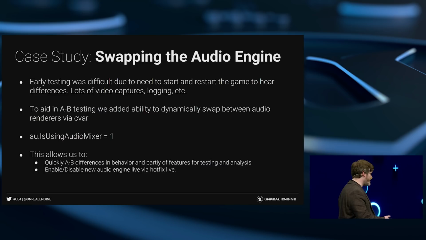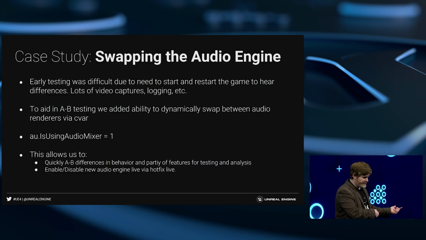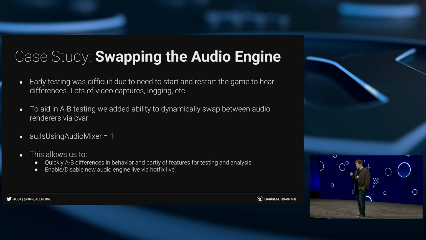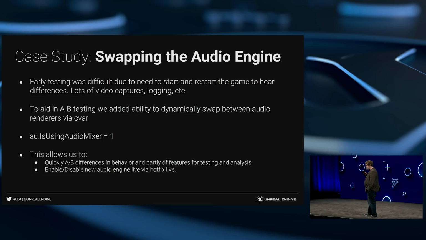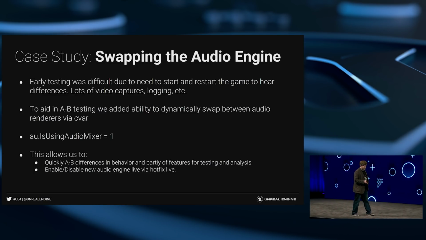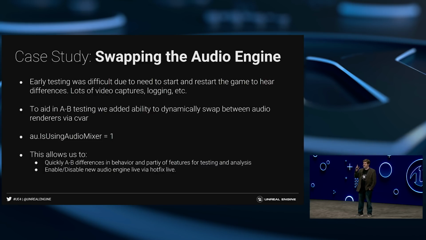So while the game is running, we can actually quickly say, what does it sound like with the new audio engine? What does it sound like with the legacy audio engine? Not only that, but we can use this as a tool to publish hotfixes to the client remotely. So we can actually test Fortnite with the new audio engine live. Like a player can be playing the game in the legacy audio engine, go back, queue up, and play again with the new audio engine.